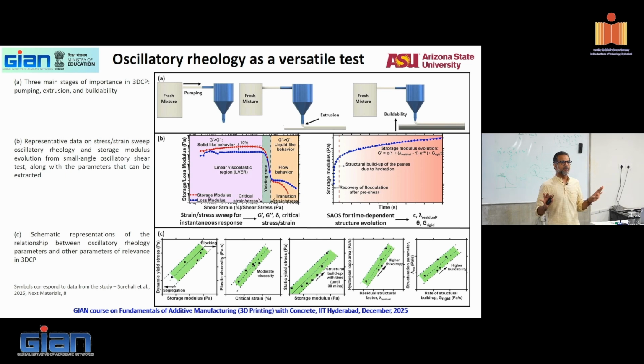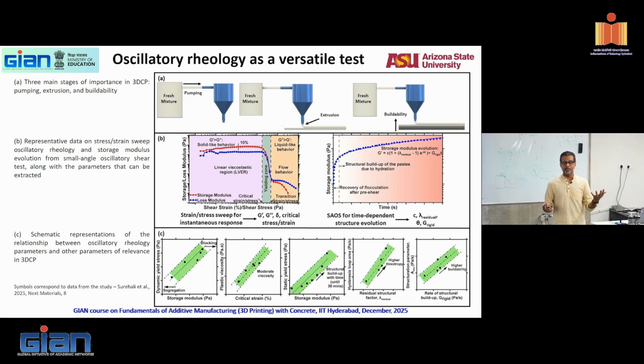Again, all of this we have to take with a grain of salt, within the range of parameters we are trying to see if there is one test. To your question, if there's one test rather than doing all of those, I don't know if it is certain, but I believe that oscillatory rheology is something that can cover a lot of bases with respect to understanding how a mix will behave.